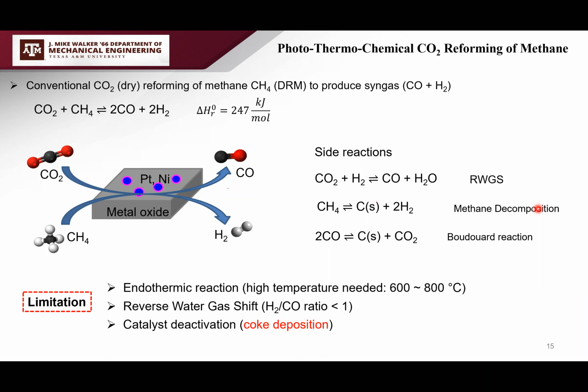The benefit of doing CO2 reforming, or we call it dry reforming, is because you can fix more carbon, right? So that lowers the carbon footprint. So again, it shares the same property, like being an endothermic reaction, so it needs high temperature, right?